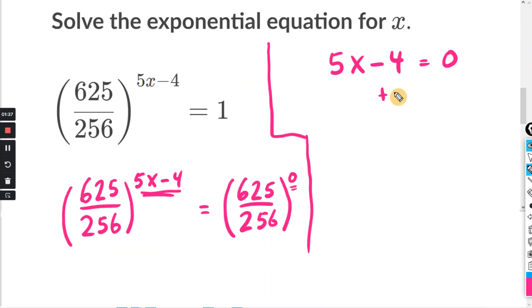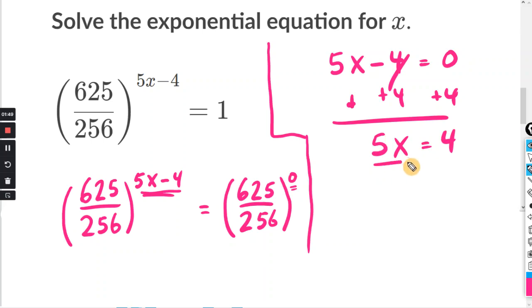Adding 4 to both sides. The 4's cancel. Bring down 5x. 0 plus 4 is 4. Solving for x, you divide both sides by 5. And 5's cancel.